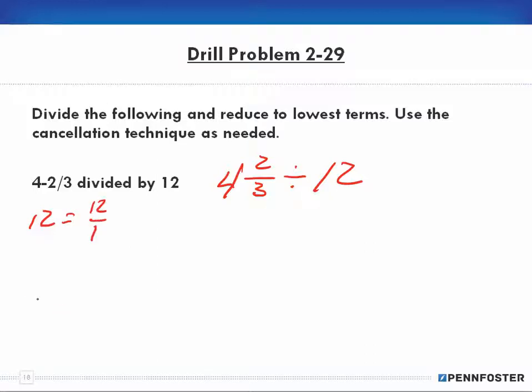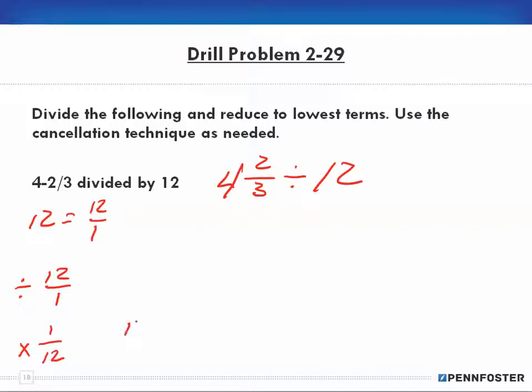Okay, and since we're dividing by 12 over 1, we don't divide as we normally would. Instead, we multiply. And when we multiply, we invert the 12 over 1 and make it 1 over 12.